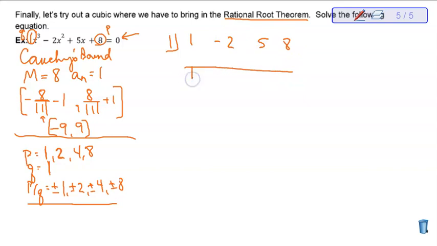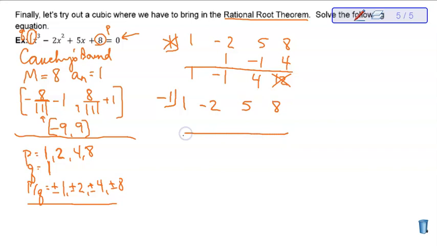So we get a 1, multiply by the 1 out front gives me a 1, add gives me negative 1, multiply is negative 1, add gives me a 4, multiply by 1 gives me a 4, and unfortunately, I don't have a 0 as my remainder, therefore 1 is not a root. So let's go to the next possibility of negative 1.